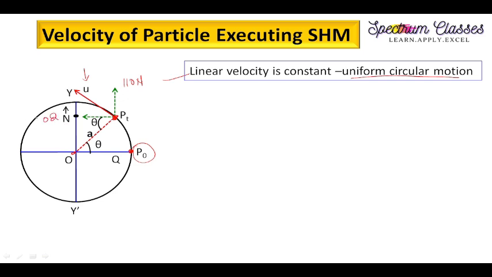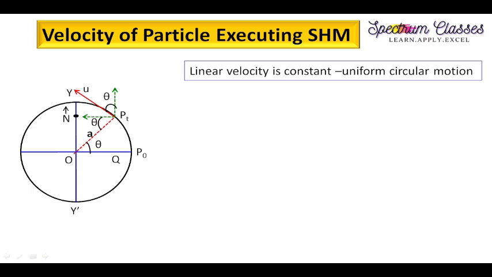If we apply the rules of geometry, this will be the angle theta. If I draw in this manner, you can see this is 90 degrees and this is the angle theta. In this manner we have drawn all these lines.